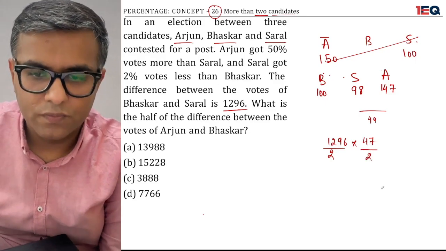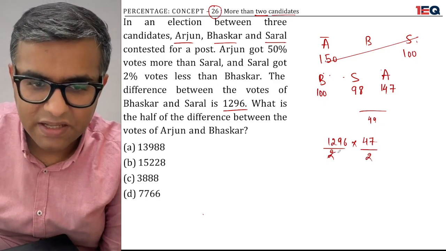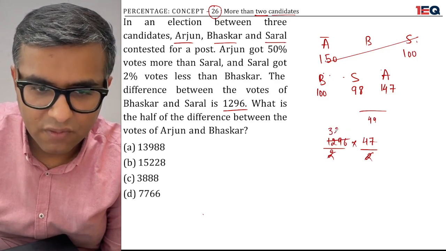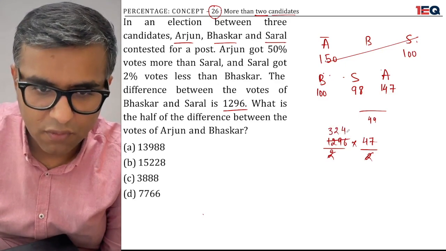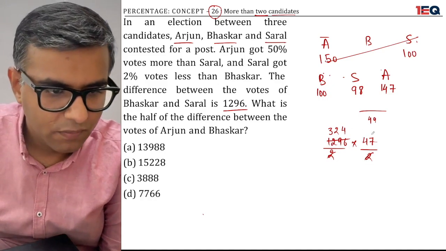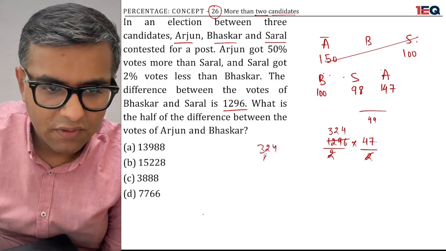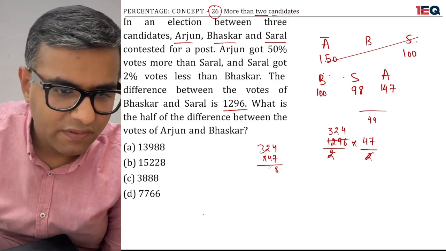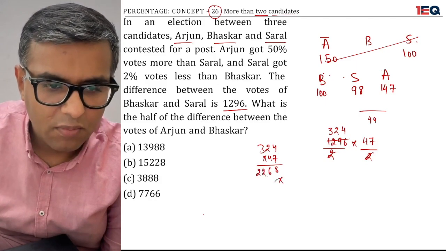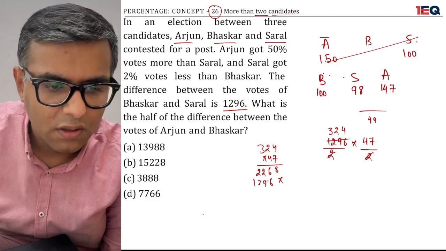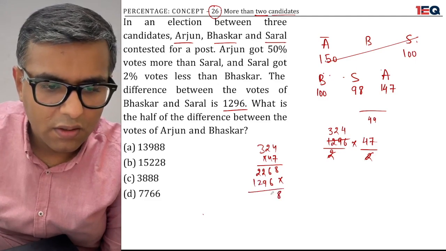47 upon 2. So it seems like an easy question. 4 ones are 4, 4 threes are 12, 4 twos are 8, 4 fours are 16. Okay, so I need to multiply 324 with 47. 7 fours are 28, 7 twos are 14, 15, 16, 7 threes are 21, 22, 68, multiplied by 4. 4 fours are 16, 4 twos are 8, 9, 4 threes are 12.